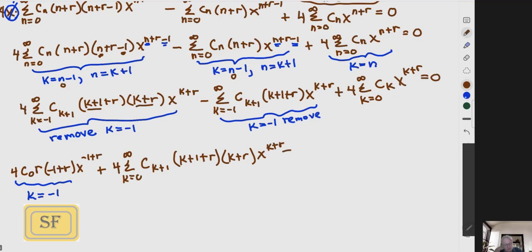So on the second summation, removing k equals -1 gives me c sub 0. And again, -1 plus 1 cancels, so I have r, and then x to the -1 plus r, minus.